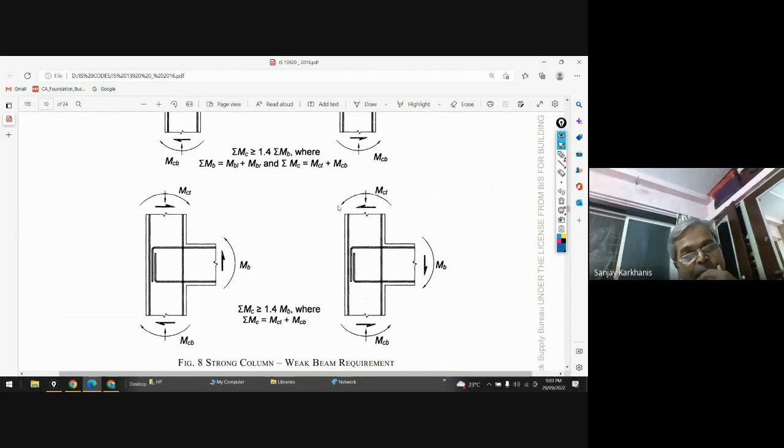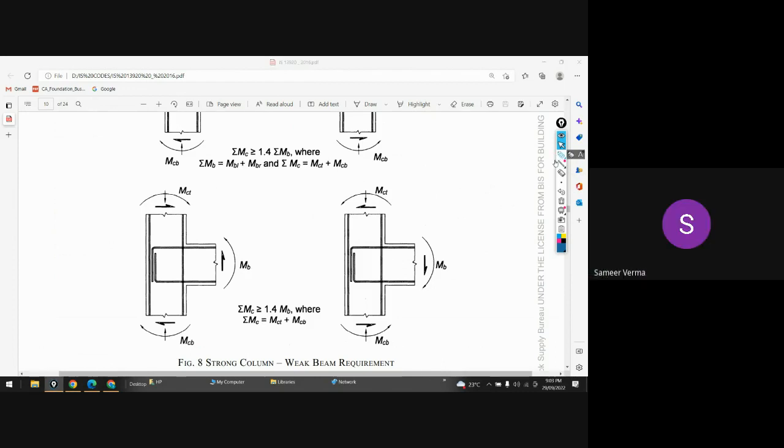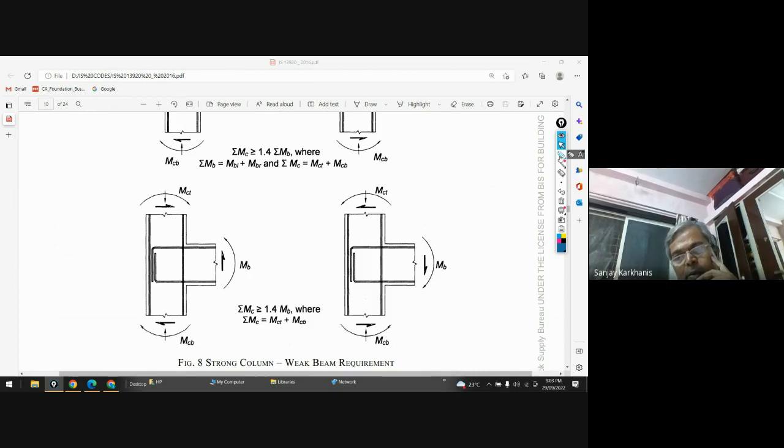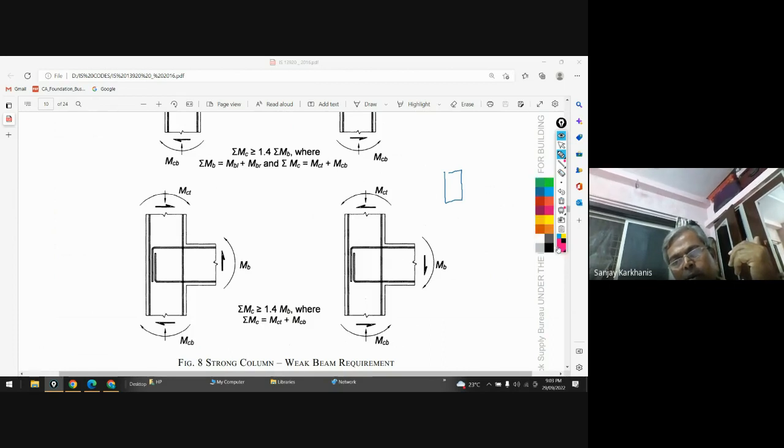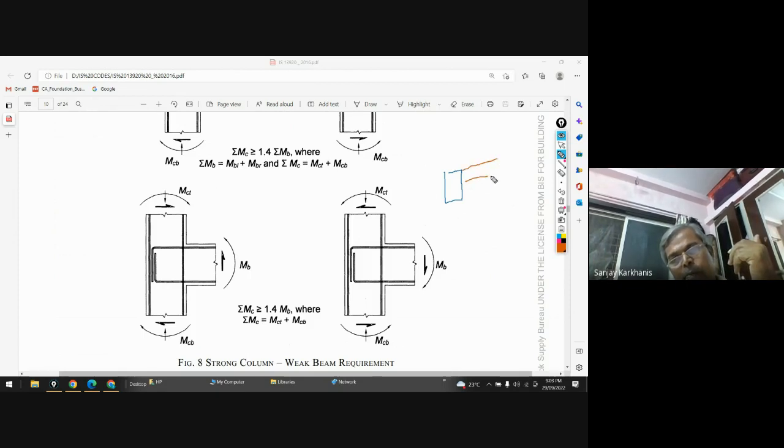Yes or no? Yes, sir. See, if I am having a column over here, so I'm showing the plan, then I may have a beam over here, a beam over here, a beam over here, and a beam over here.